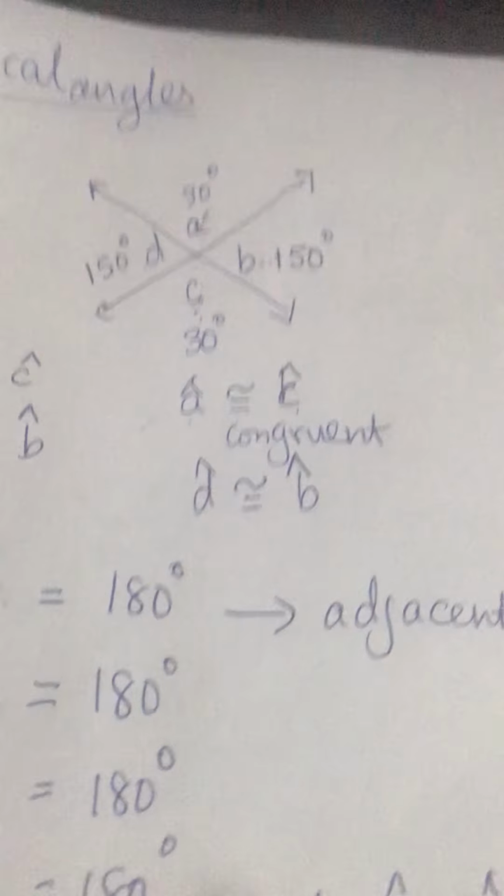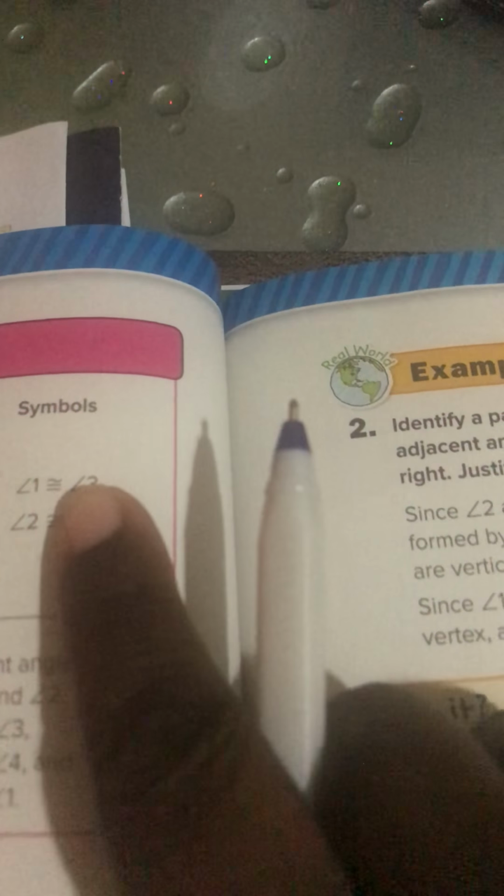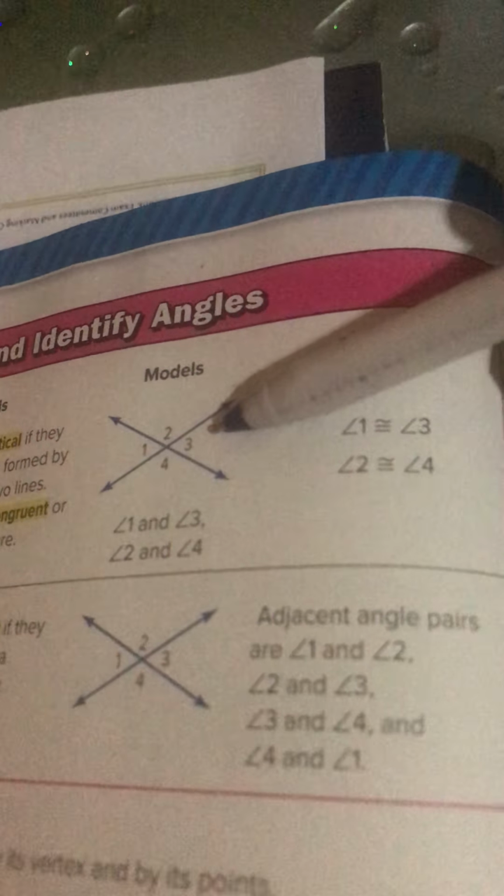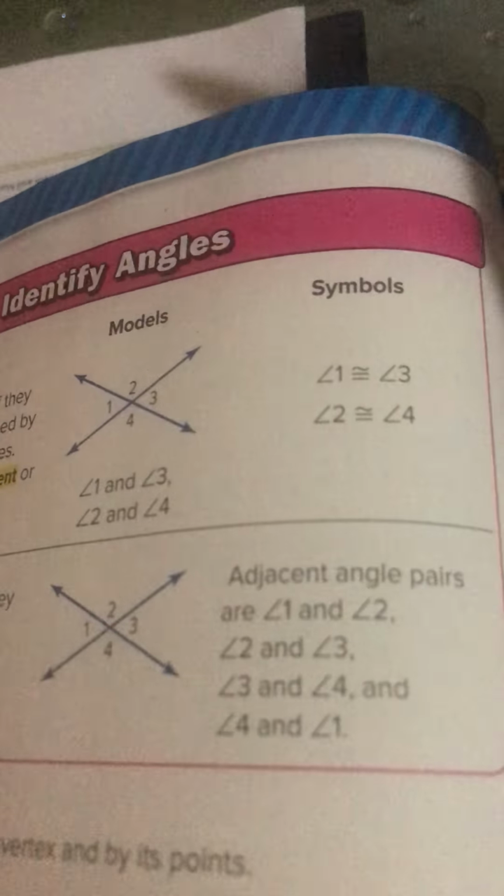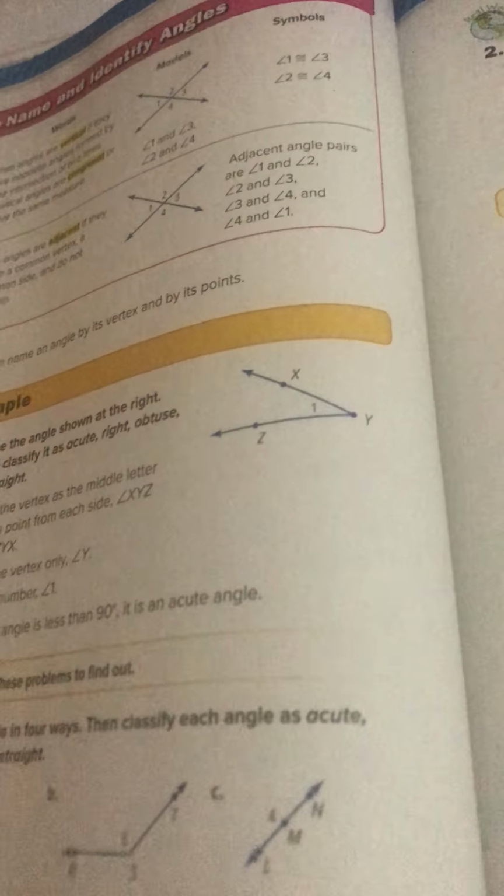You have to know these definitions, okay? They can use numbers or they can use letters, okay? Did you see? Symbol, congruent. Angle 1 is congruent to angle 3. That means whatever number I write here, I should also write here. Angle 2 is congruent to 4.